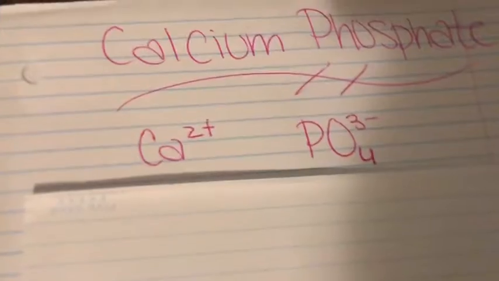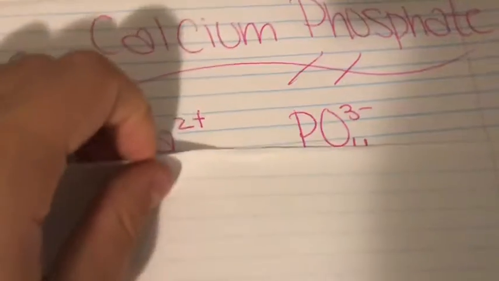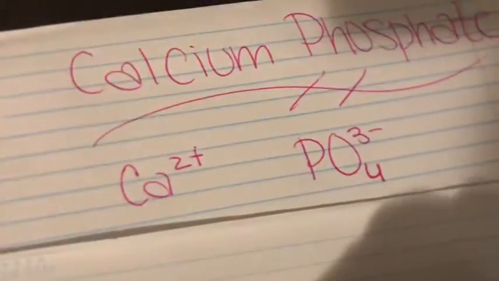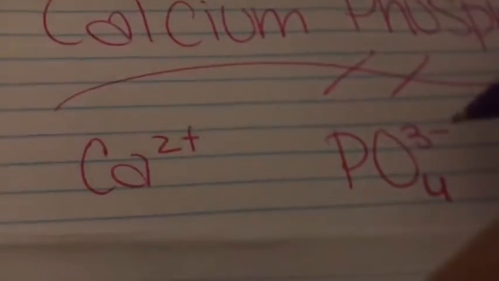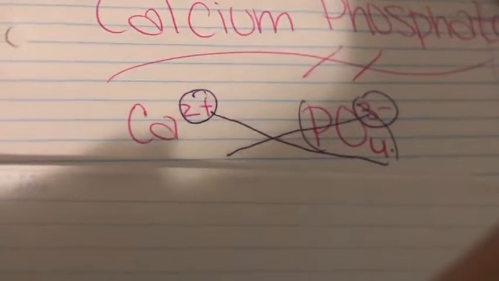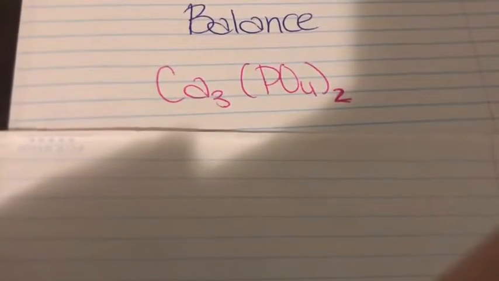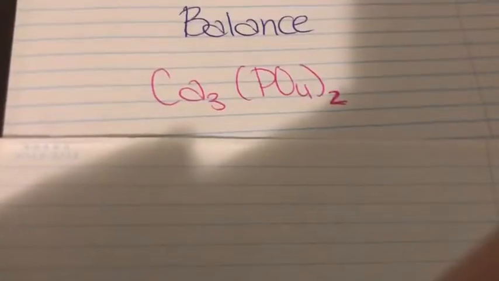So now that we have that, we need to be able to cross the charges just like we did in the other scenarios, where we're going to take this one and this one, but leave this one and put parentheses around it. So basically we'll be crossing the 2 top charges and leaving the 4. And it will end up looking like this. So we'll get Ca3 bracket PO4 bracket 2.